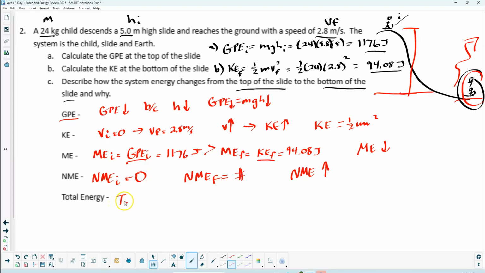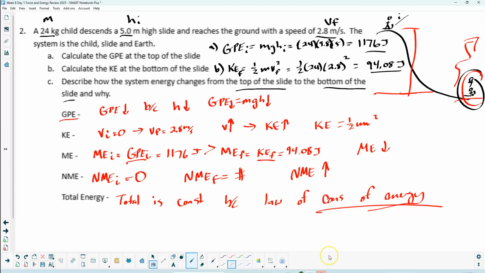Total energy is constant. It's always constant because of the law of conservation of energy. This is an isolated system, so there's no work being put in or out. So conservation of energy means that if there isn't any work, then the total energy in the beginning equals the total energy at the end.